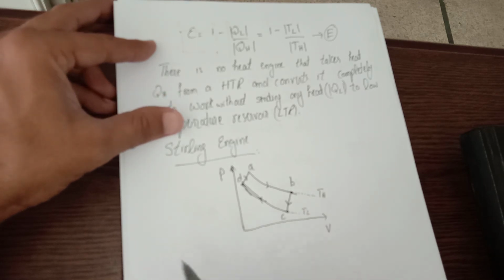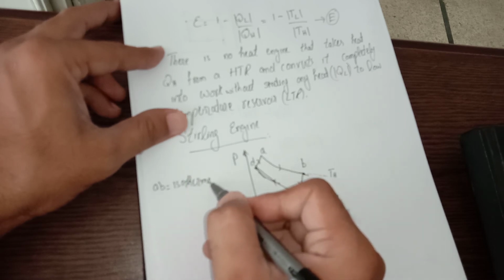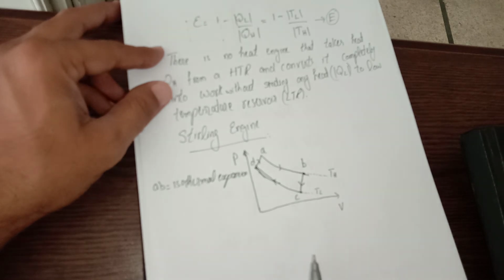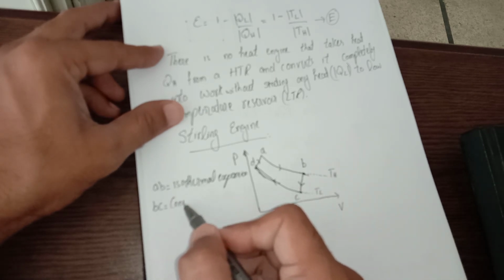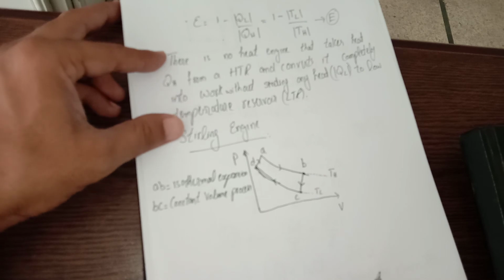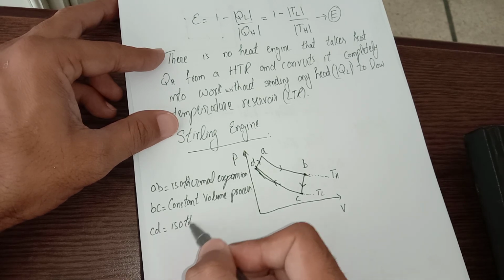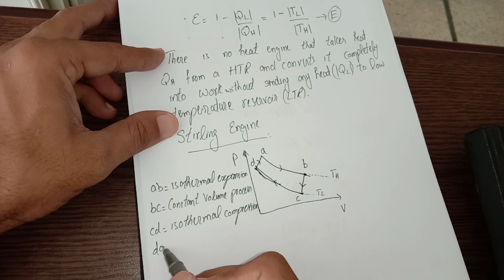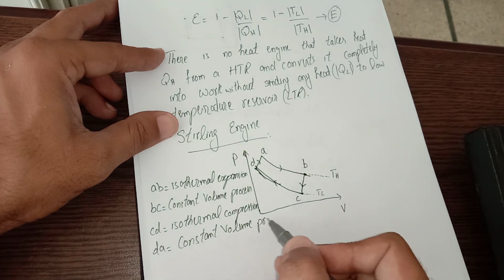So I can say that for a Stirling engine, AB is isothermal expansion, same as that of a Carnot cycle, and BC is not an adiabatic, but a constant volume process, and CD is isothermal compression, while DA is again a constant volume process.